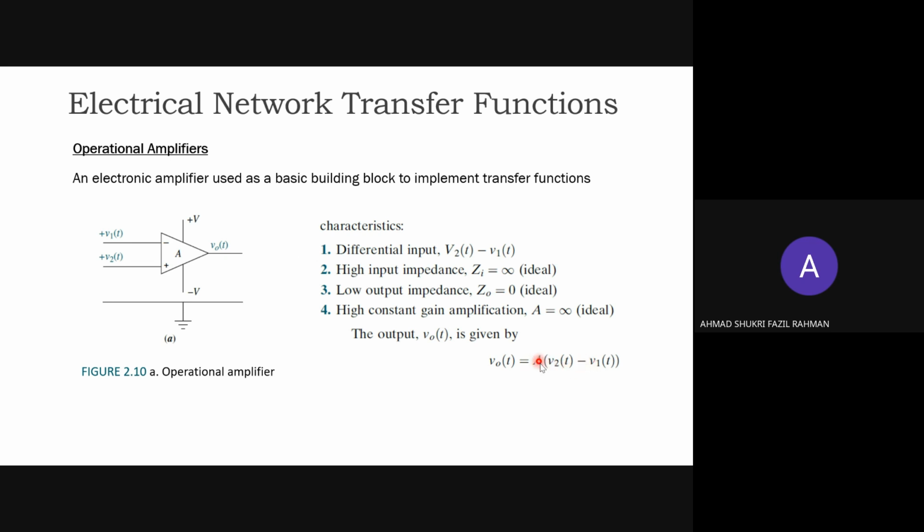The whole thing multiplied by gain. So this is the benefit of using operational amplifier. We can amplify or increase the input up to a certain value depending on the supply.